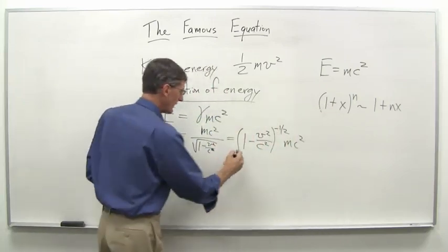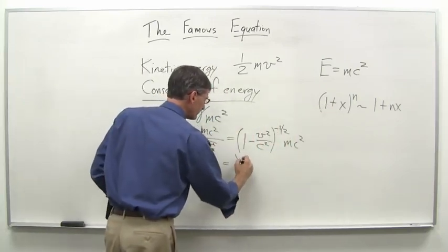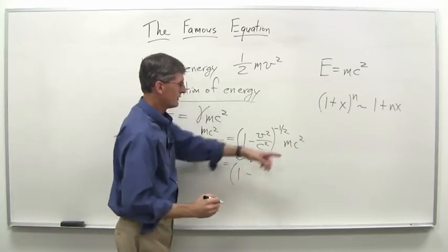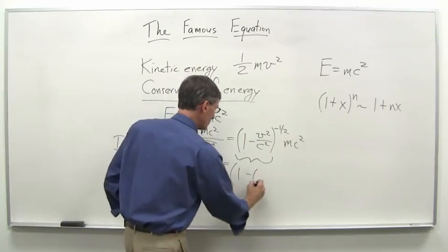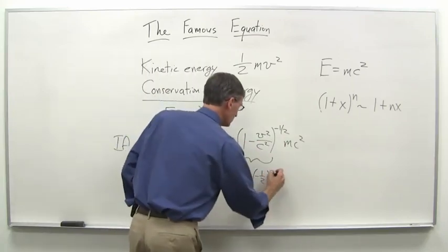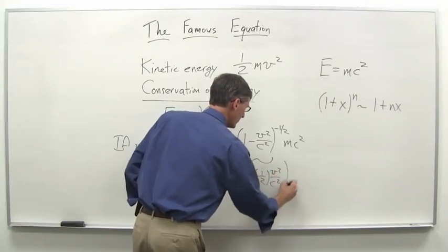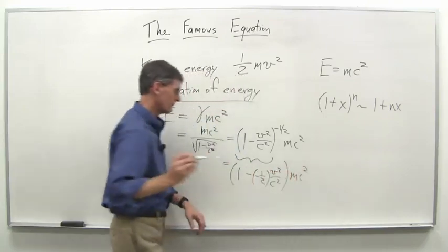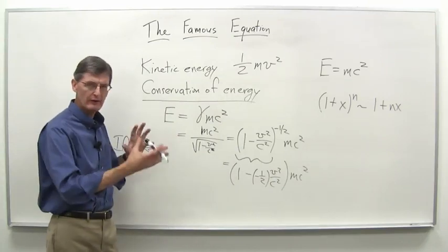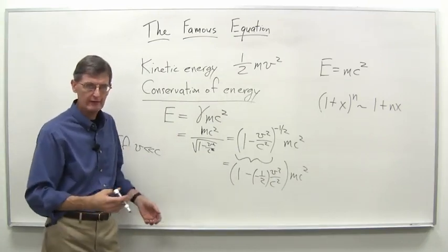So essentially, for this part right here, this becomes 1 minus the minus 1/2 v squared over c squared, and times mc squared. Now remember, this is an approximation for when v is much less than c, up to about 1/10 the speed of light, someplace in that region.